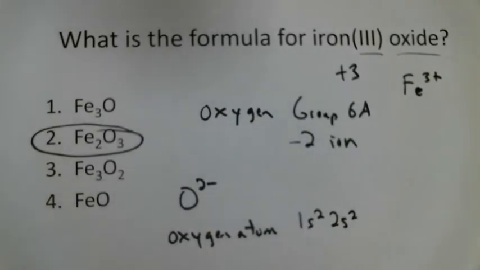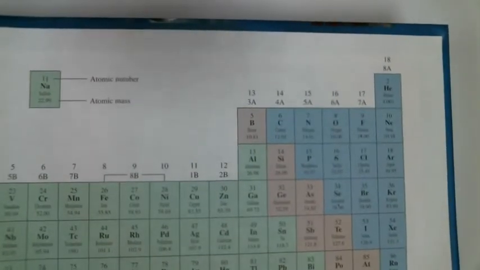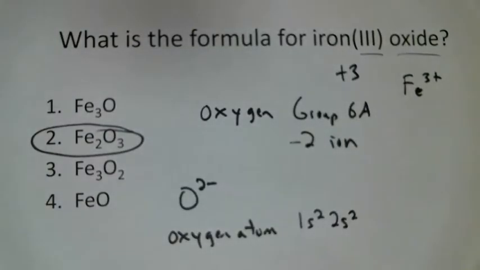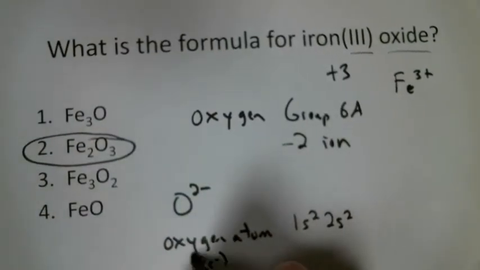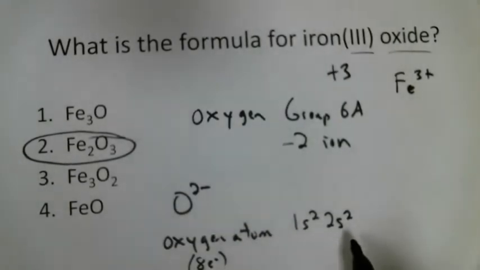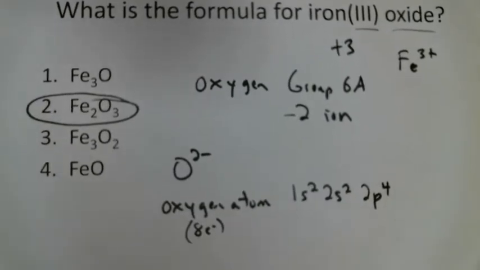Wait, we got to figure out how many electrons are in oxygen. Forgot to even do that part for you. So we'll pop up the periodic table. Oxygen has 8 electrons. And so 1s2, 2s2, 2p4. Got ahead of myself, didn't I?